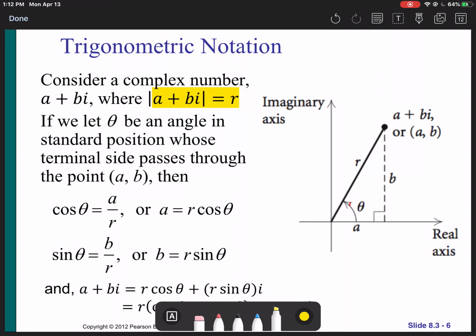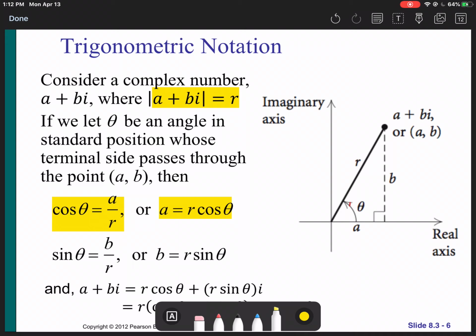And then with our right triangle definition, we've got the cosine of the angle theta in standard position as, instead of x over r, we've got a over r. I could then say that a would equal r cosine theta, right? Just rewriting, solving for a.